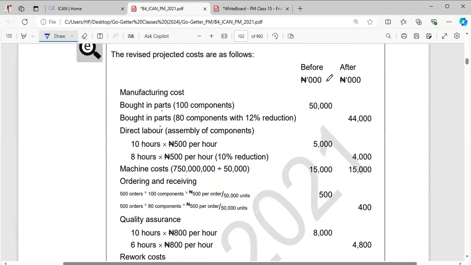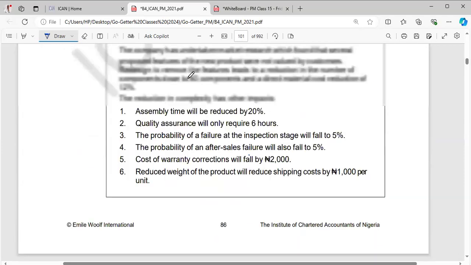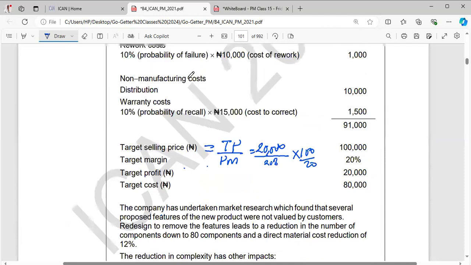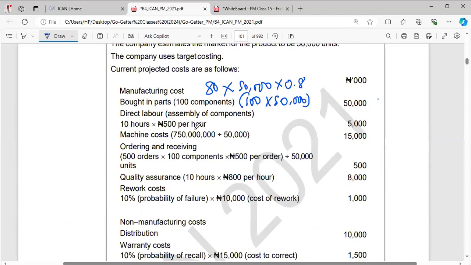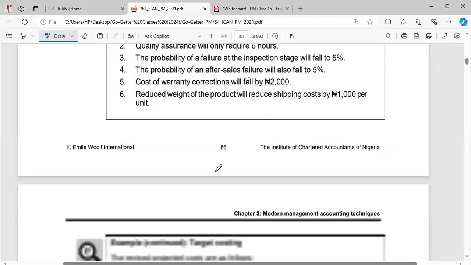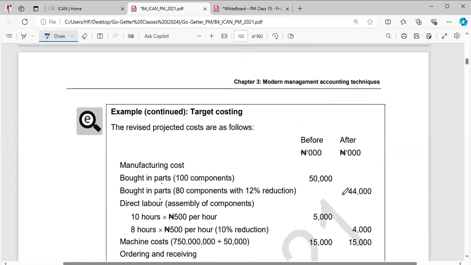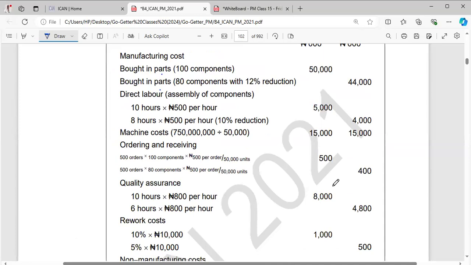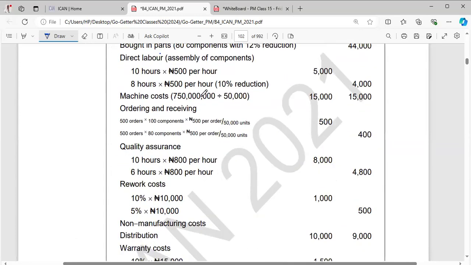Or you can use this pattern before and after. You can use it in the exam. So the before, so you'll be looking at this one here that was given to you and the additional information to get after. If before and after is the same as in the case here, as one that was the same, machine ordering cost, you just put them in the same line.